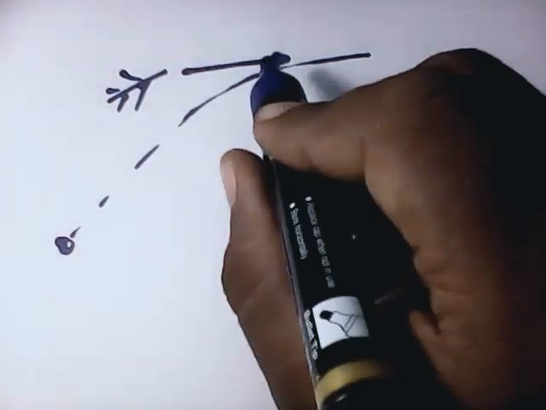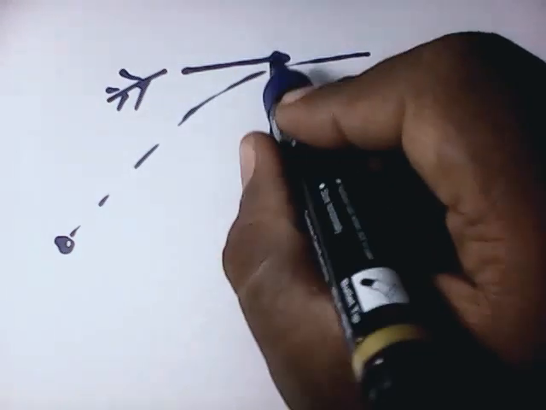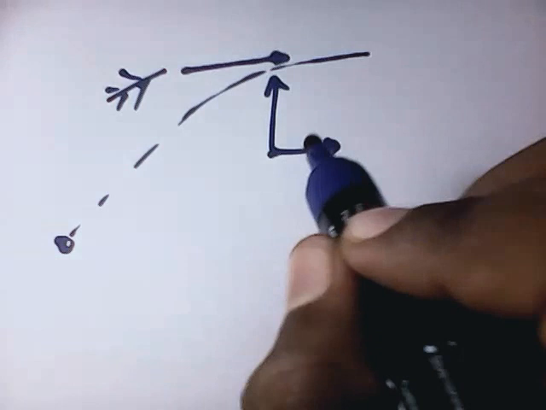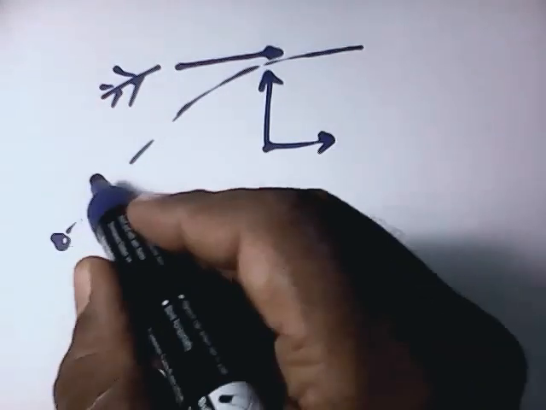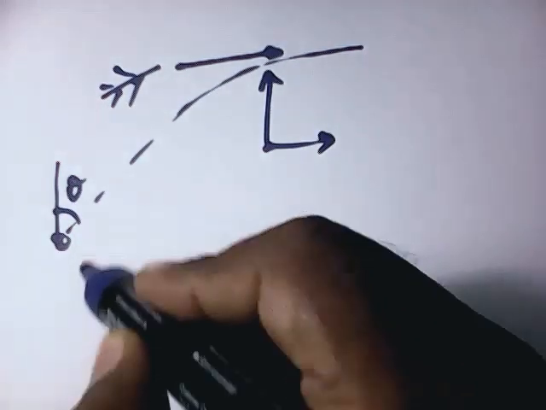So both the things should be horizontal, so that both should hit together. So for that, here the inclination is theta, like this.